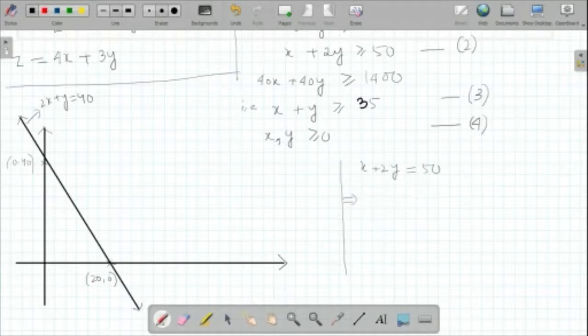That means dividing by 50, x by 50 plus y by 25. So x is 50, let's say this is x equals 50, and y is 25. So let's say this is 25.